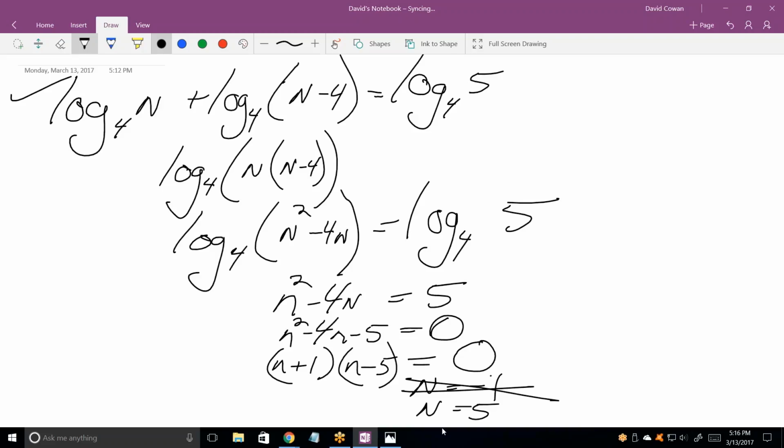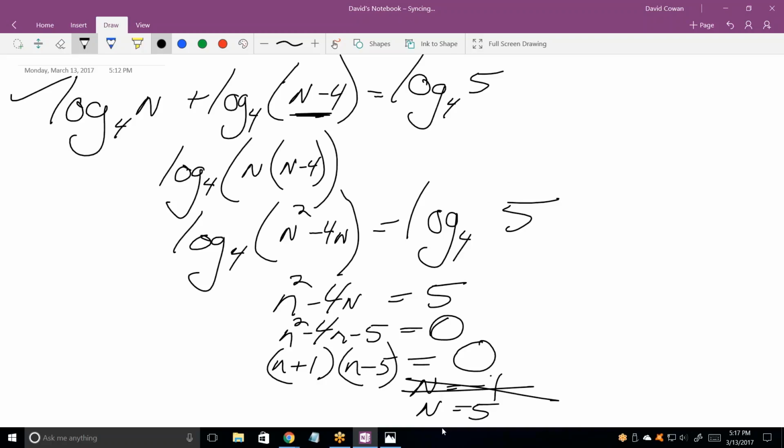If there are two positive answers, what do we do there? Depends. If my positive answer was n equals 3, then it would violate that domain. The key is you cannot violate the domain, ever.